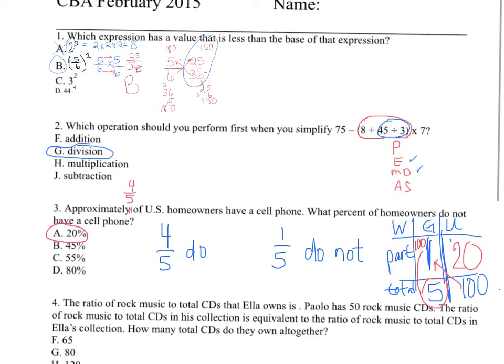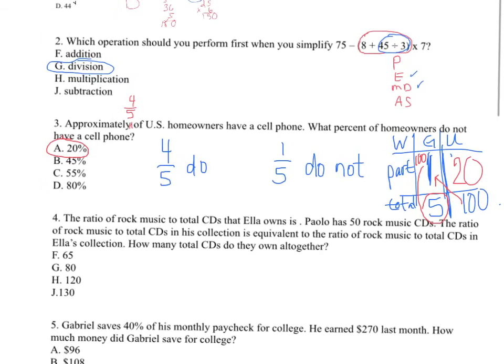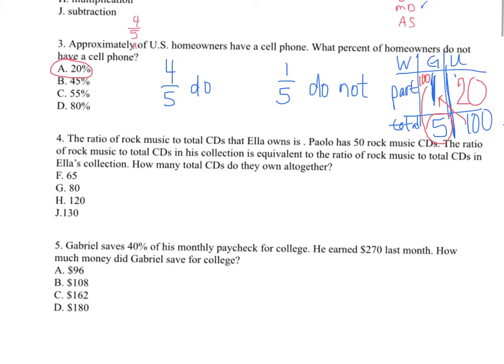The ratio of rock music to total CDs that Ella owns is, let me see, 25 to 40. I guess the program that typed this is not compatible with the iPad.